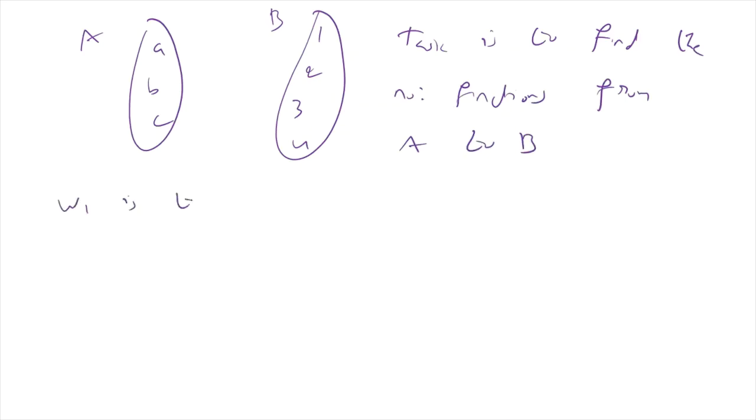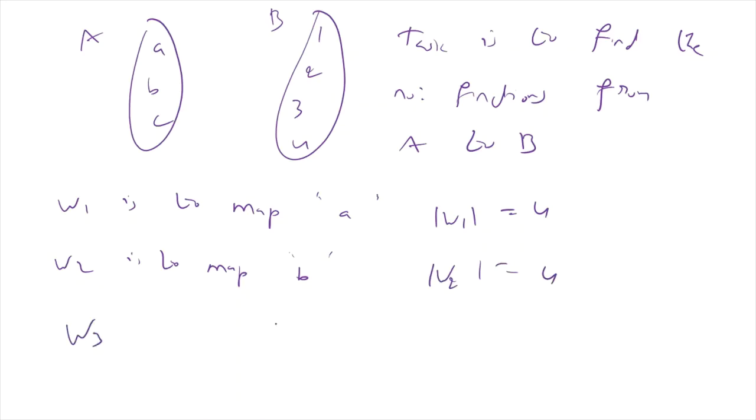W1 is to map A. And this can be done in 4 ways. And W2 is to map B. And this can be done in again 4 ways. W3 is to map C.